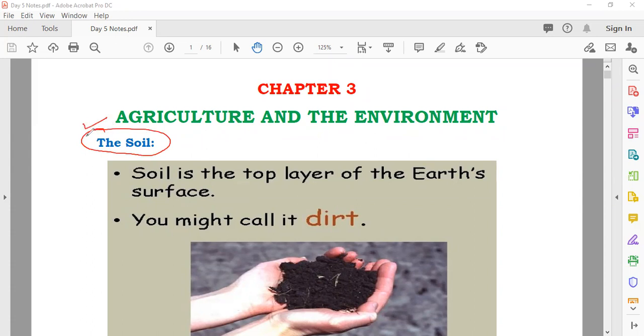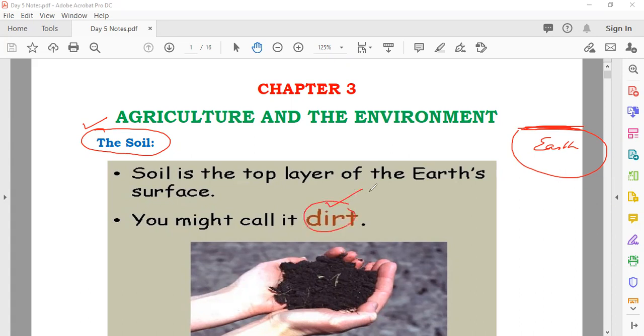So here we are going to define the soil in different ways. In some places, soil is defined as the top layer of the earth. For example, if this is your earth, this top layer is known as soil. Sometimes you also say it is dirt.